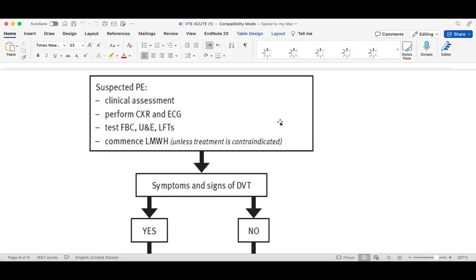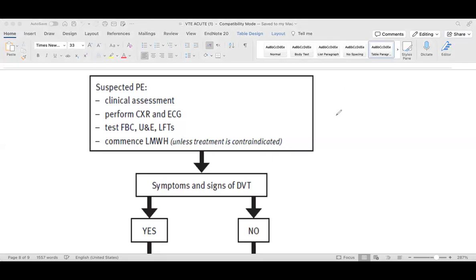Okay, so again, welcome back. This is a very famous algorithm of the acute VTE event in pregnancy. The algorithm at the end of the guideline only shows the suspected pulmonary embolism, but the same pathway is followed for VTE. For suspected PE, what will you do? Clinical assessment, perform a chest X-ray and ECG, test the full blood count, urea and electrolytes, and LFTs, and commence low molecular weight heparin, right?